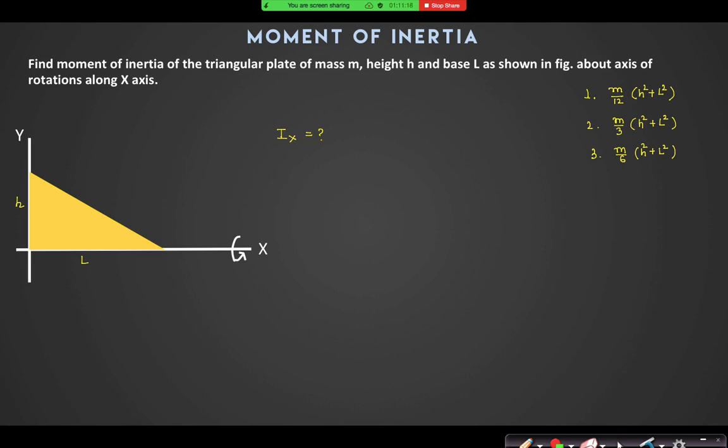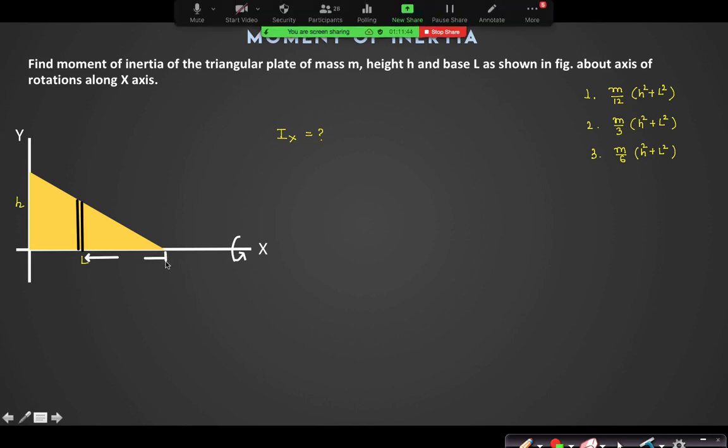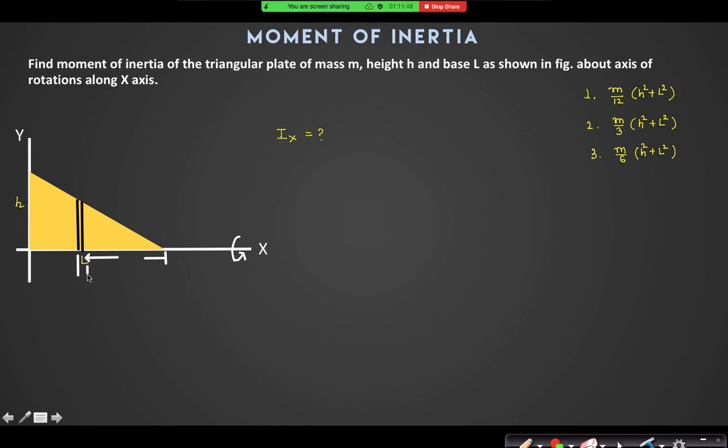Let us take a small element of thickness dx at a distance x. x I can measure from here. The thickness is dx.